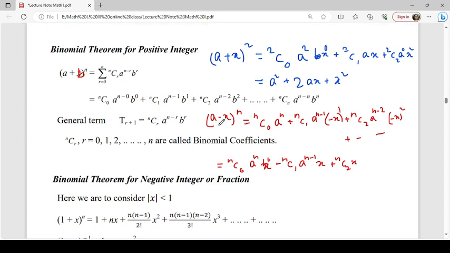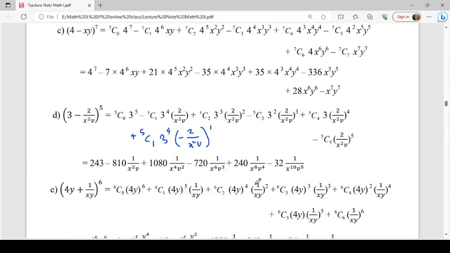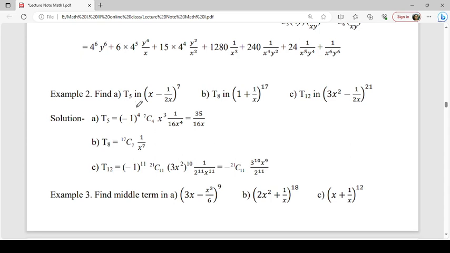So for this minus, 5C0, the sign is alternating, minus plus minus plus minus. So in this way we can expand this binomial.